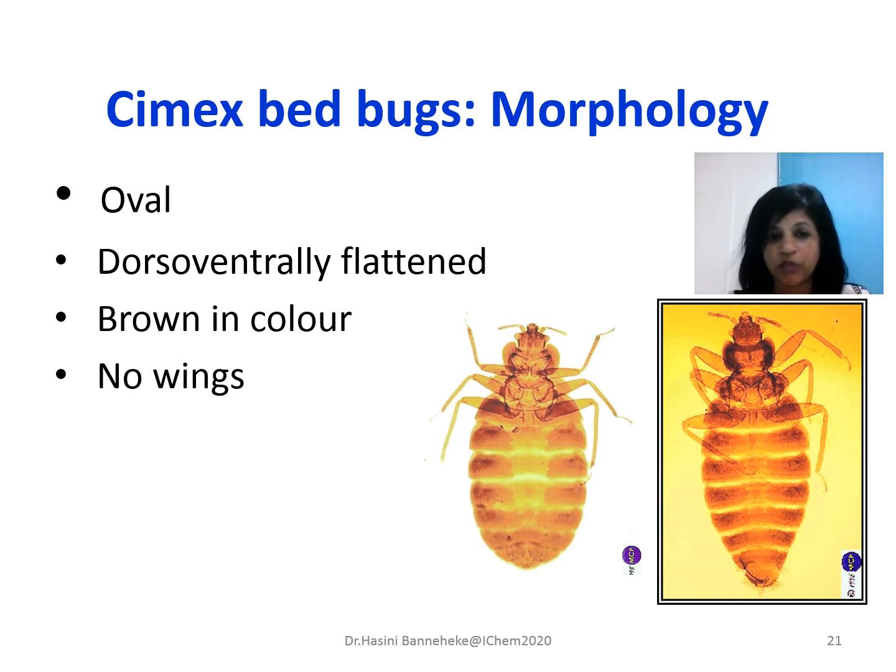So if you look at the morphology, this is the Makuna that we all know. The Cimex bed bug is oval in shape and it is dorsoventrally flat. It is as if we have crushed it onto a surface, and it is brown in color and has no wings.